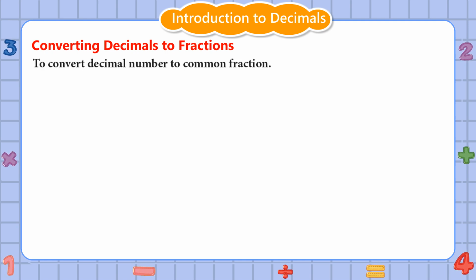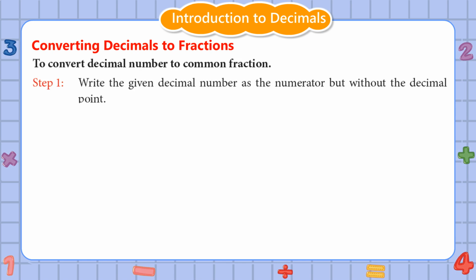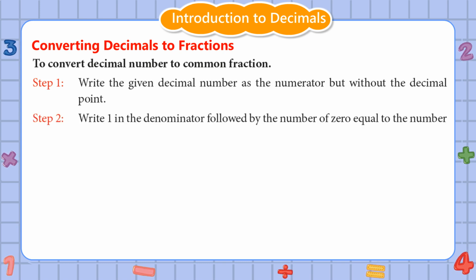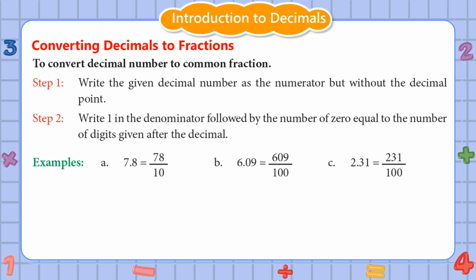Converting decimals to fractions. To convert a decimal number to a common fraction: Step 1. Write the given decimal number as the numerator but without the decimal point. Step 2. Write 1 in the denominator followed by the number of 0s equal to the number of digits given after the decimal. Examples. A. 7.8 is equal to 78 upon 10.